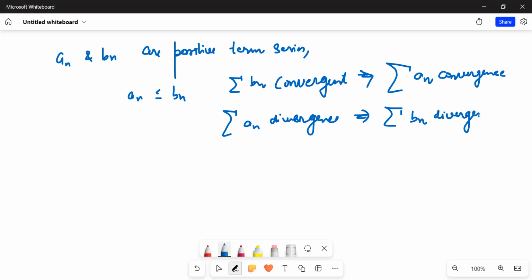This is something that we have already done. So this is called the comparison test.